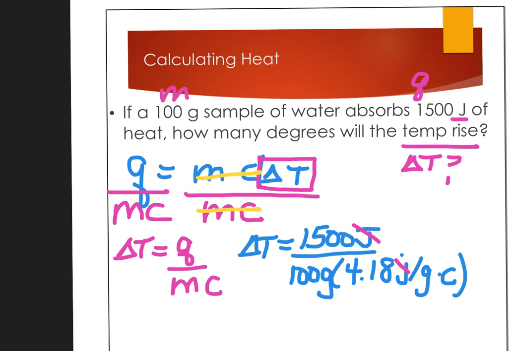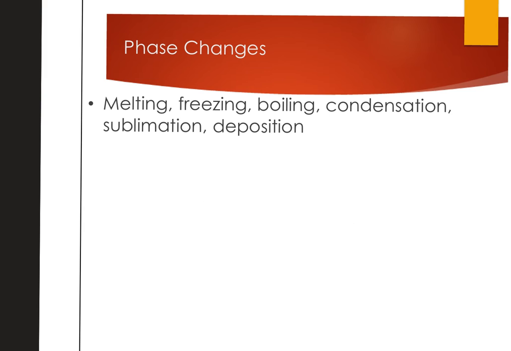My grams are going to cancel. And I'm left with Celsius, which is what I want because I'm looking for delta T. So my delta T is equal to 3.59, or approximately 3.6 degrees. That's how much it rose. Okay, so you'll get some practice with those types of problems in a little while.